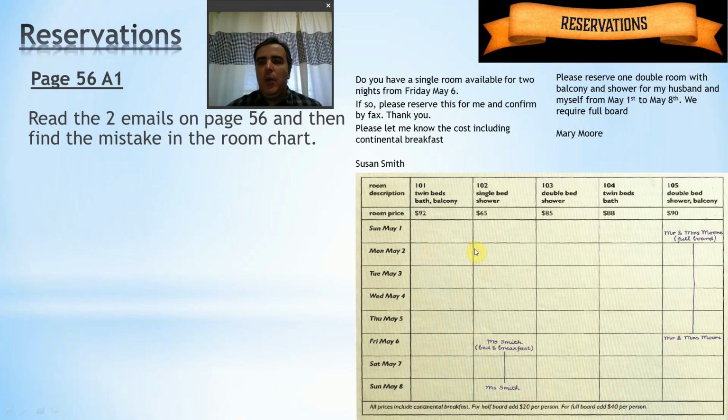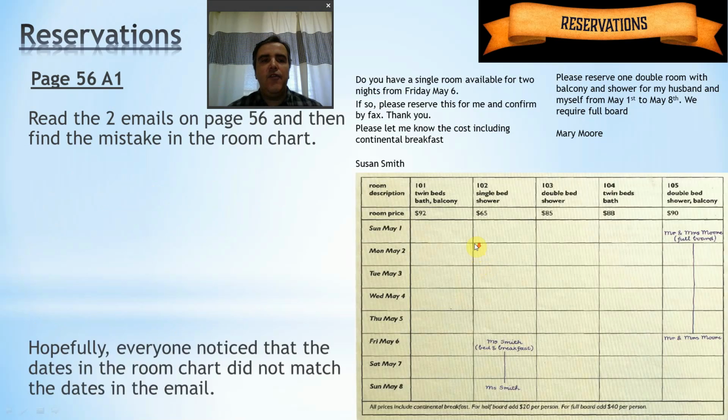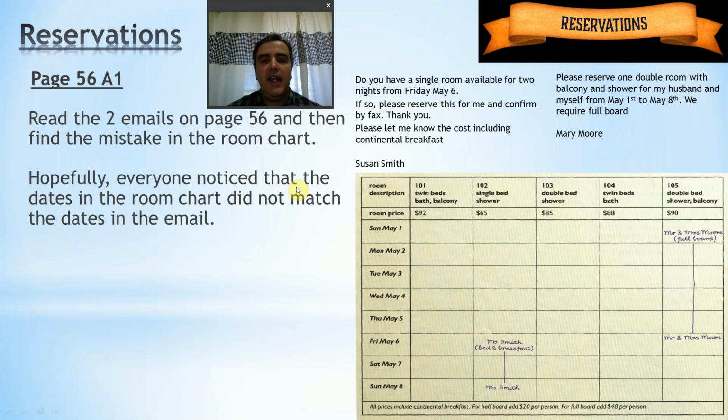Okay, well, hopefully everybody spotted the mistake and you noticed that the dates in the room chart did not match the dates in the email. Now, if we look here at Susan Smith, she wants 2 nights from Friday, May 6th. Friday, May 6th, 1, 2, no problems. However, Mary Moore would like to reserve a room from May 1st to May 8th.